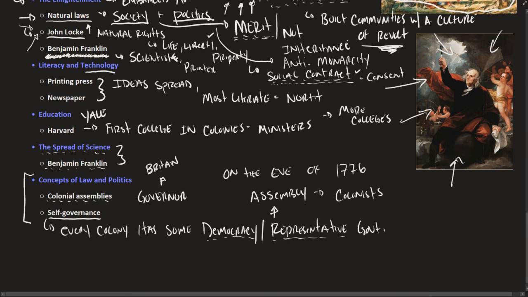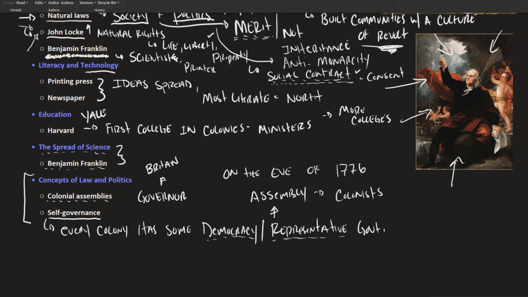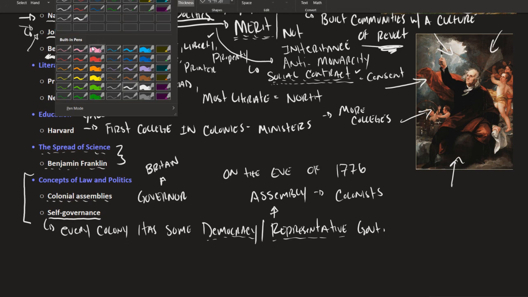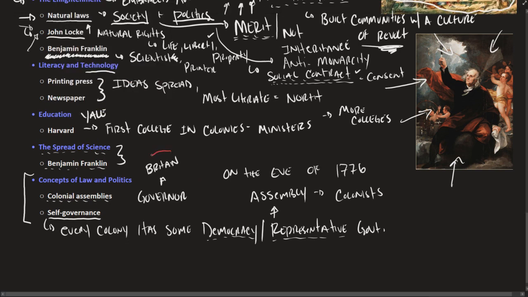So next week, when we start talking more about how the American Revolution unfolds, pay attention to this dynamic in the colonies, right? On the one hand, every single colony has a governor. The governor wants what's best for Britain. Every single colony also essentially has an assembly. The assembly wants what's best for the colony, right?